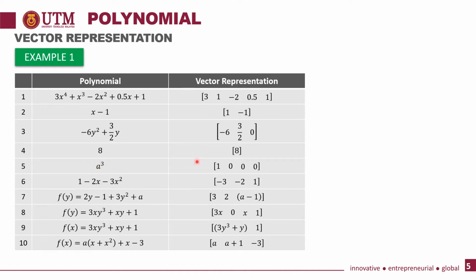So if you wanted to convert from polynomial expression to vector representation, you must start from the right hand side, where the power of the term starts from 0, and on the most left hand side, the power of the term ends at the highest power of the term. The values that you need to put inside the vector are the coefficients of the polynomial.